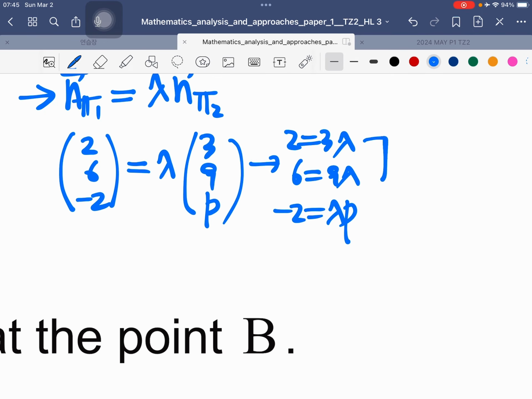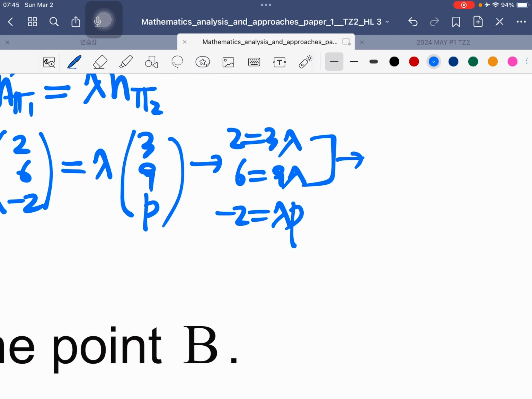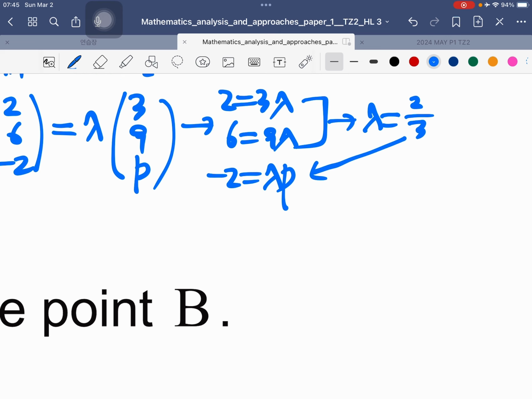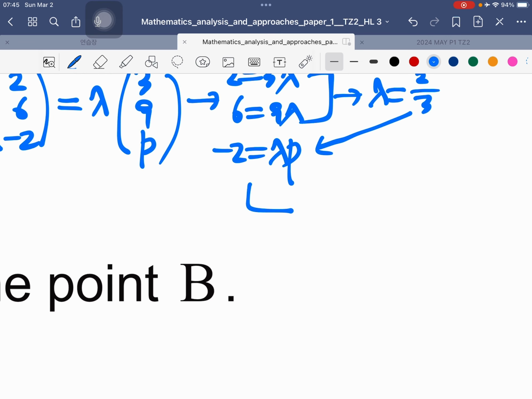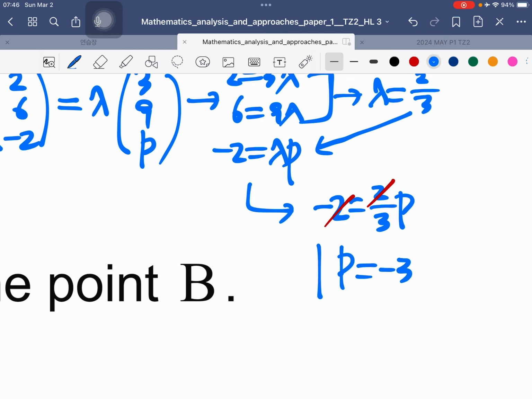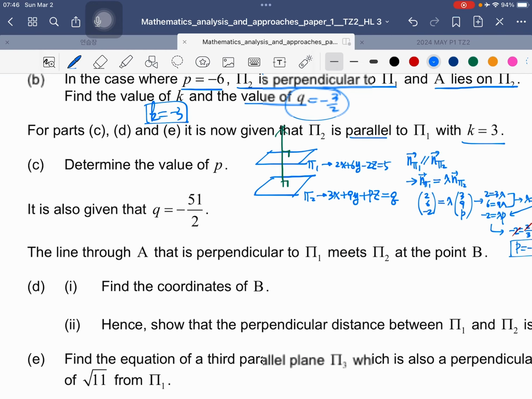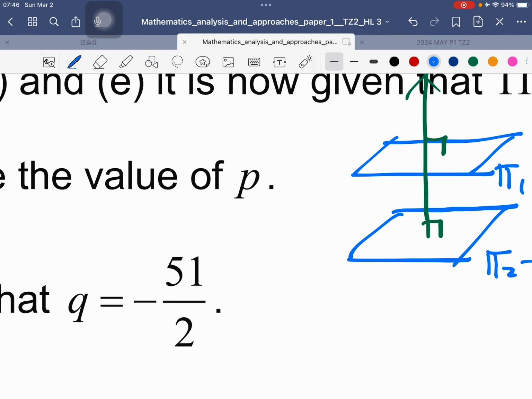From the first two, we can deduce that lambda must be 2 over 3, since 6 over 9 is the same as 2 over 3. Putting lambda in, we get -2 equals 2 over 3 times p, so p must be -3. The value of p is -3.